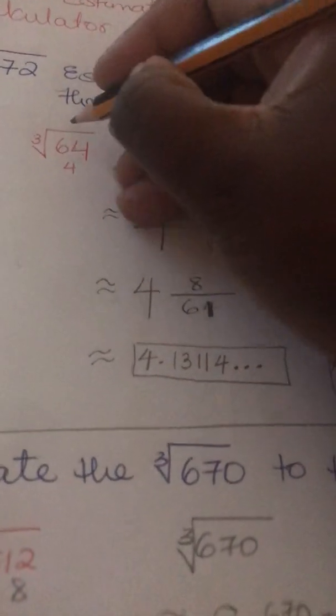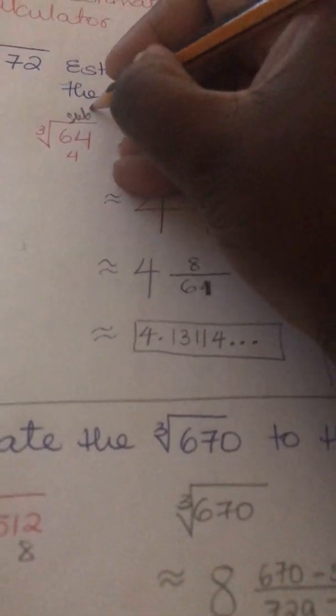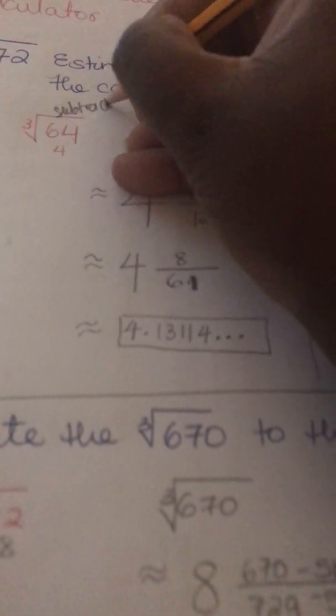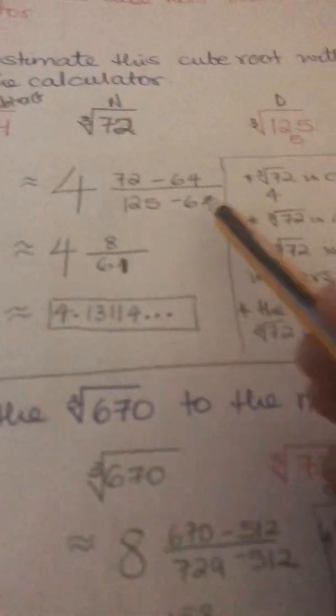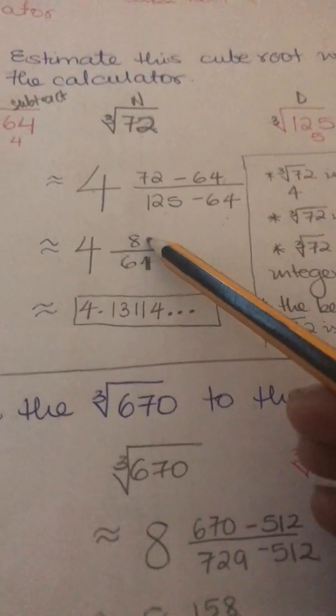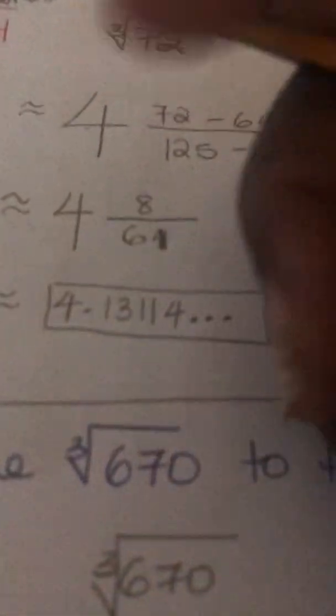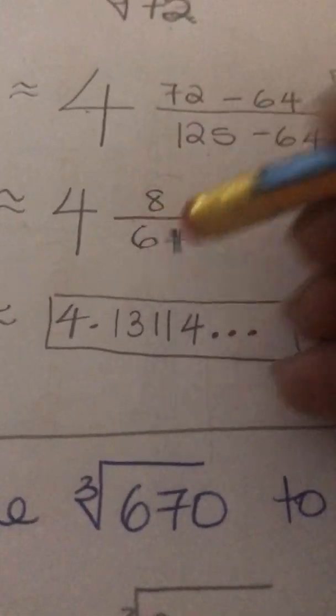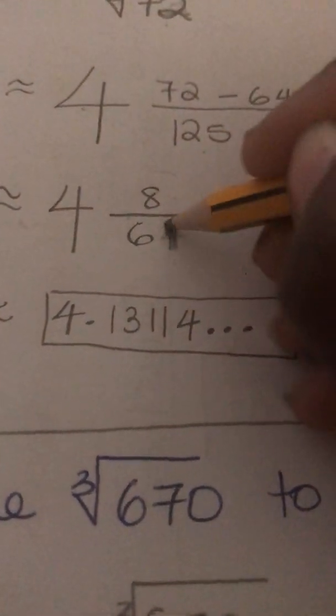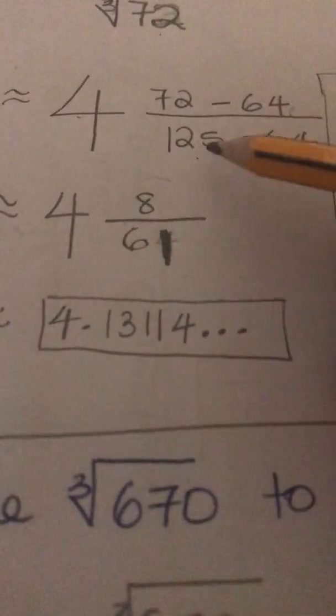You always subtract the first root. So you subtract 64. You get this. You change 8 out of 61. This is 61, not 64. 61. 125 minus 64 is 61.